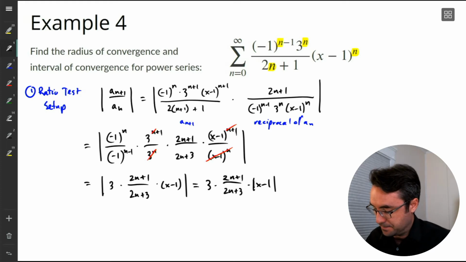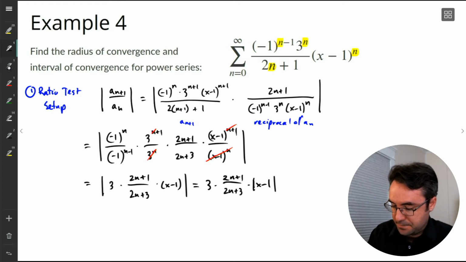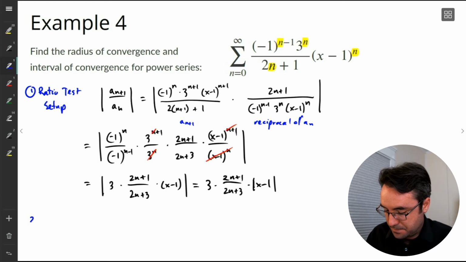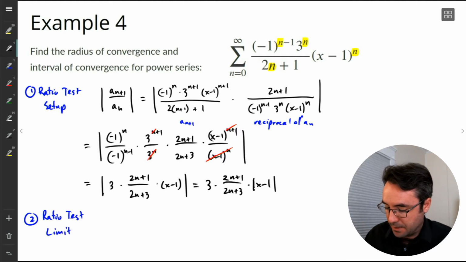Let's do it. Ratio test limit. All right, so we're doing the limit of a sub n plus 1 over a sub n as n goes to infinity. So let's fill in what we have here.